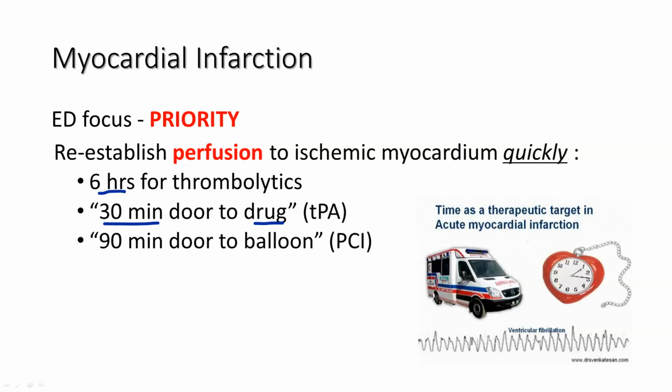So a very tight window. So you get 10 minutes and 30 minutes. And then in that next 60 minutes, we want to get them stable or as stable as possible and send them to the cath lab for either their PCI or their balloon intervention or their stent.